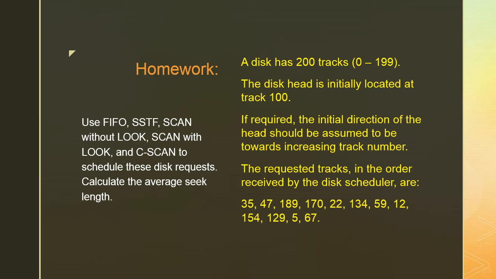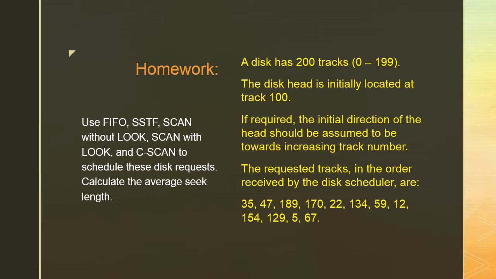Now we come to something very important, your homework. A disk has 200 tracks. The disk head is initially located at track 100. If required, the initial direction of the head should be assumed to be towards increasing track number.